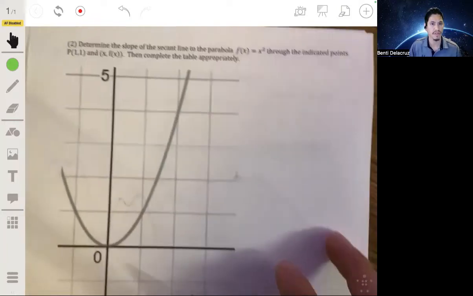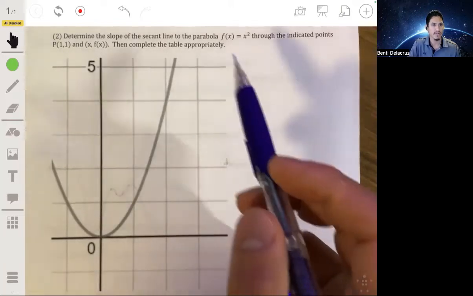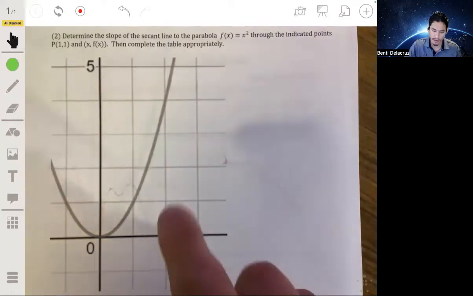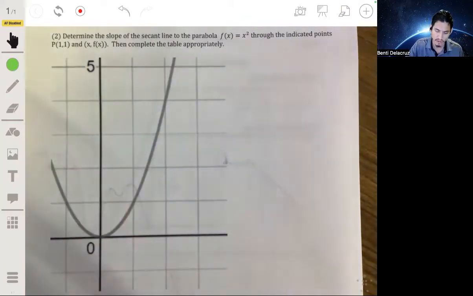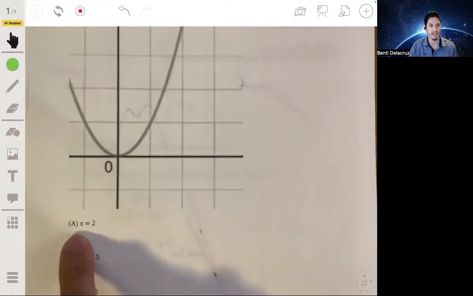Okay, so what we're going to do is find the slope of the secant line of not just one, but various secant lines that go through the point P that we found earlier, 1, 1, and through the point that will be determined by the given x value.